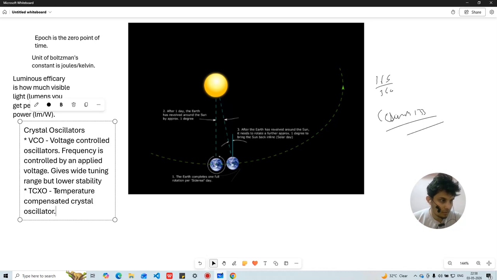But quartz frequency changes with temperature.